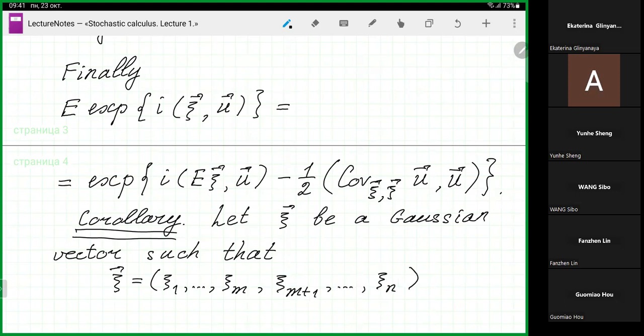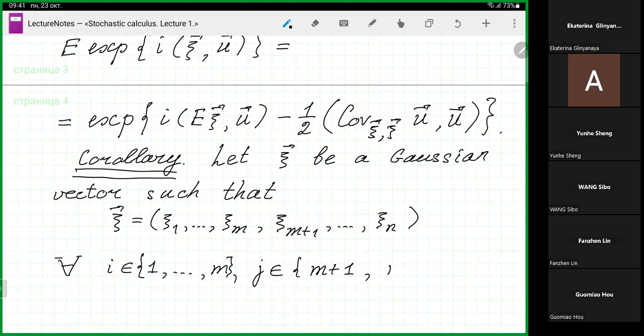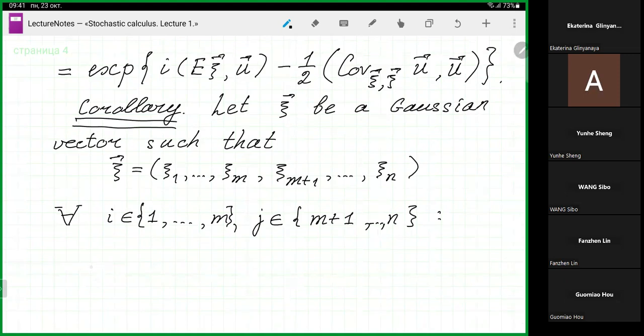So I divide its coordinates into two subsets, the first and the second, such that for every i which belongs to 1 to m and j which belongs to m plus 1 to n, the covariance of the corresponding coordinates is equal to 0.